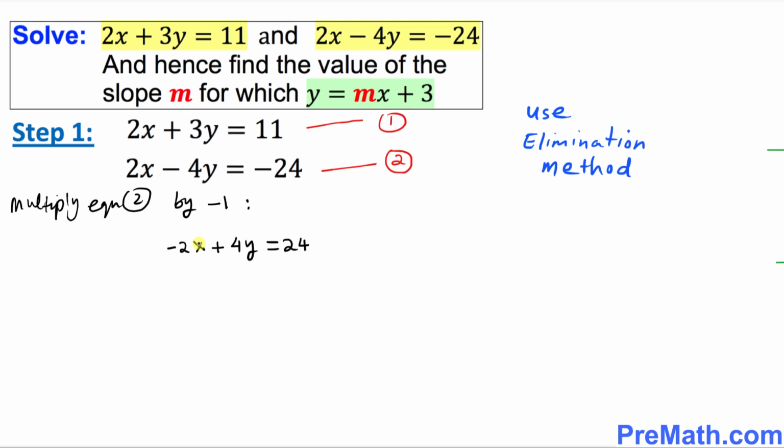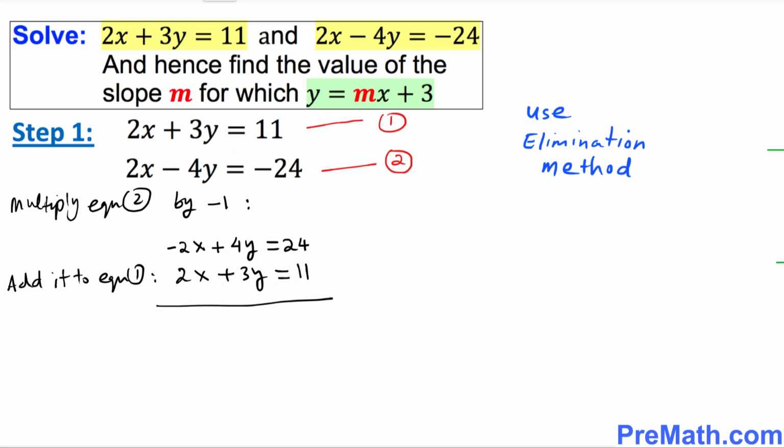And now we're going to add this to equation number 1, which is 2x plus 3y equals 11. Let's add them up.